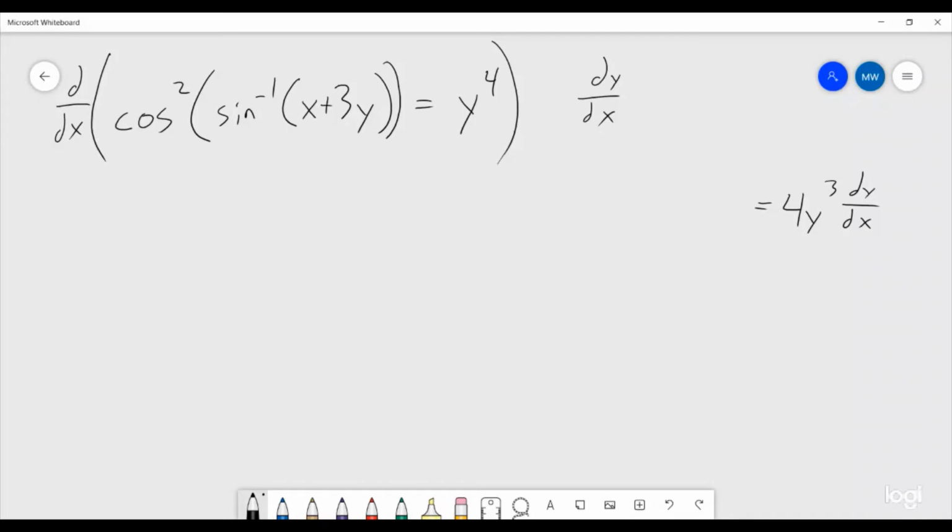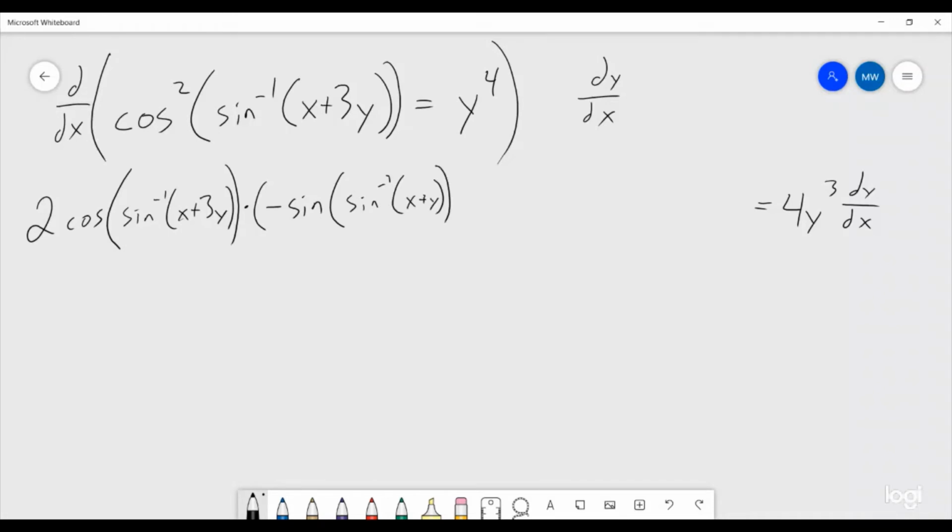Of cosine squared, that is going to be 2 times cosine of all of that inside, inverse sine of x plus 3y, times the derivative of cosine, which is negative sine of inverse sine of x plus y, close that one, times the derivative of inverse sine of x plus y.